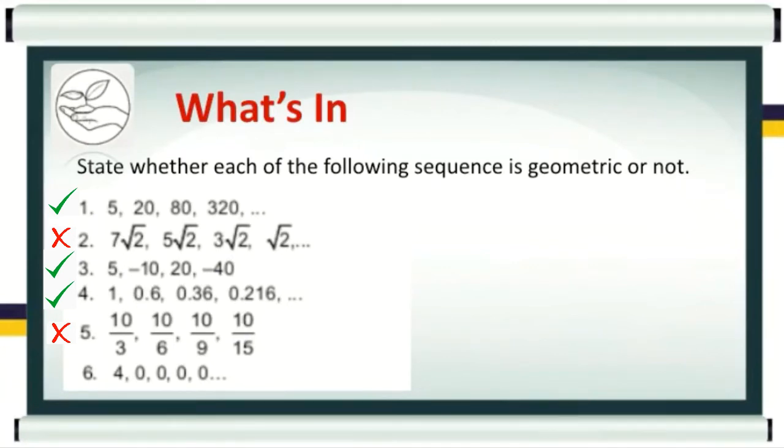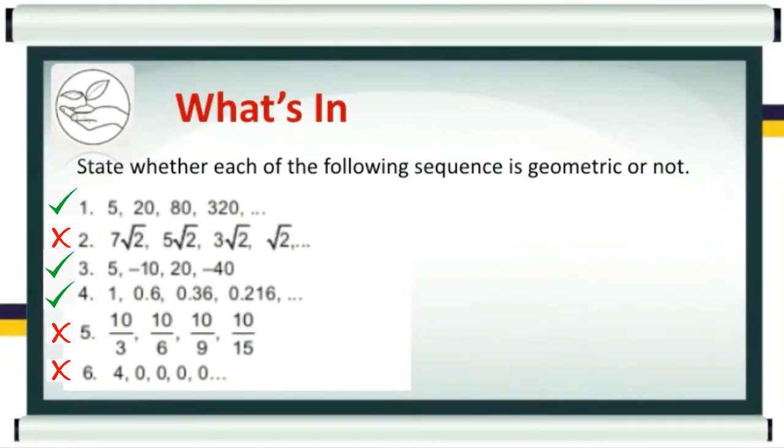What is our definition a while ago? That each term after the first is obtained by multiplying the preceding term by a non-zero constant. Non-zero, not zero.